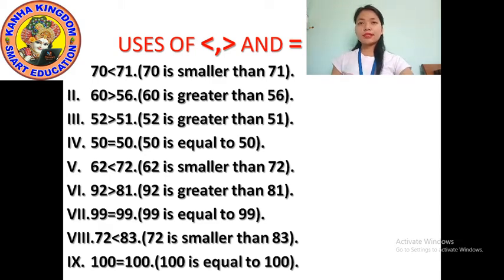If you compare 72 with 83, you will find that 72 is smaller than 83. At last, 100 equals 100. If you compare 100 with 100, both numbers are equal.